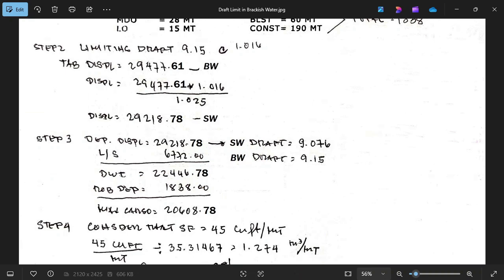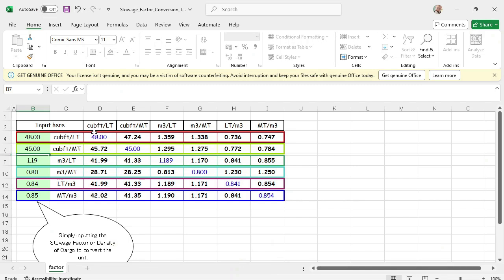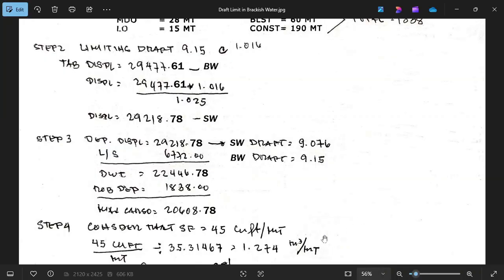So now you look for cubic meter per metric ton, which is this one. The answer will be 1.275. What is our answer? 1.274. Okay, anyway, it's almost the same.